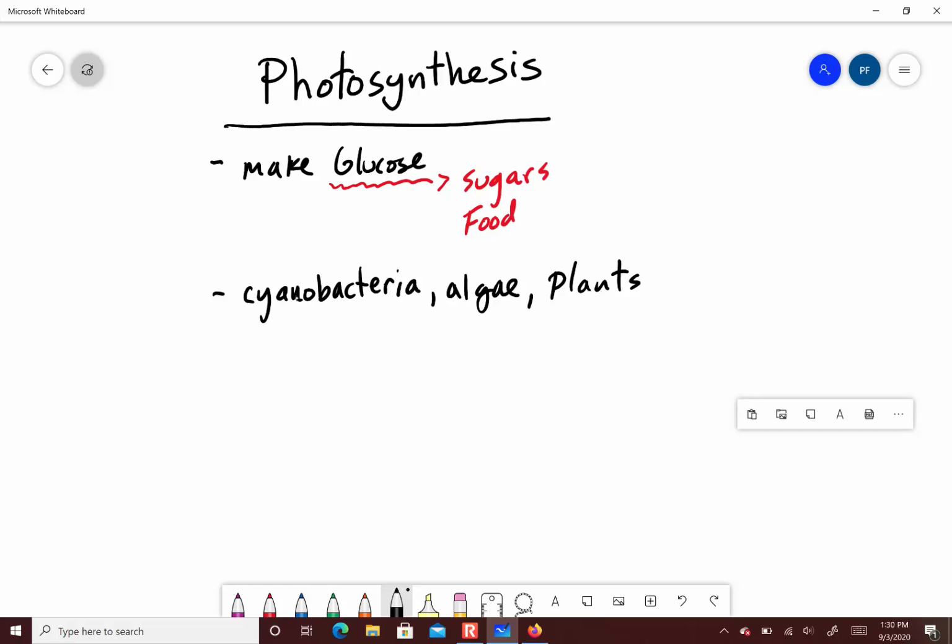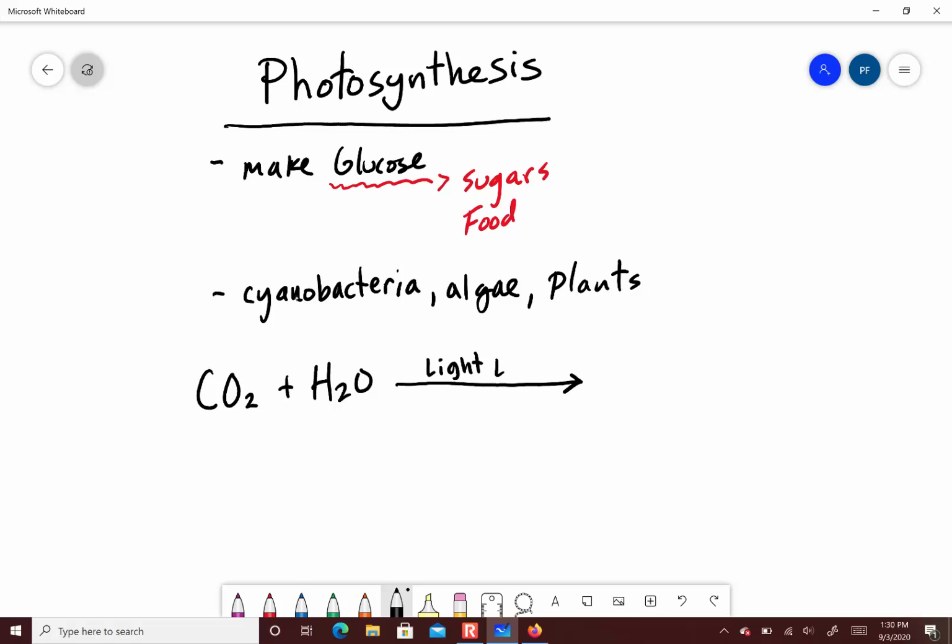So then here's our summary reaction for photosynthesis. CO2 plus H2O. And photosynthesis requires sunlight, right? So on our arrow here is typically where we see this. We will write light energy. So CO2 plus H2O, and we have to put in some light energy.